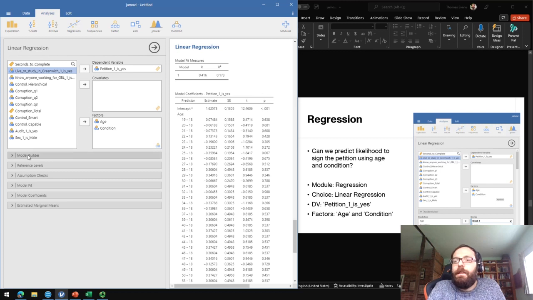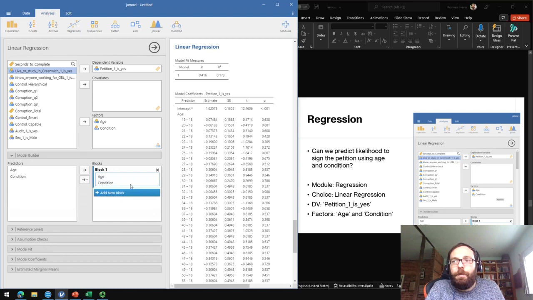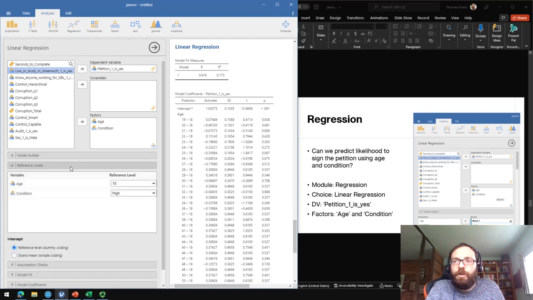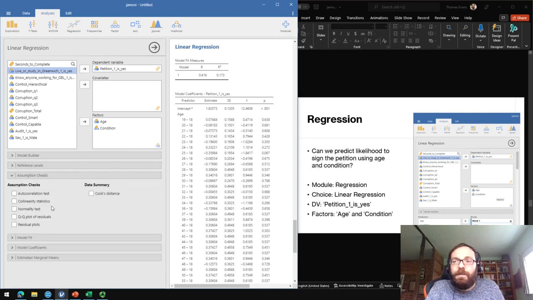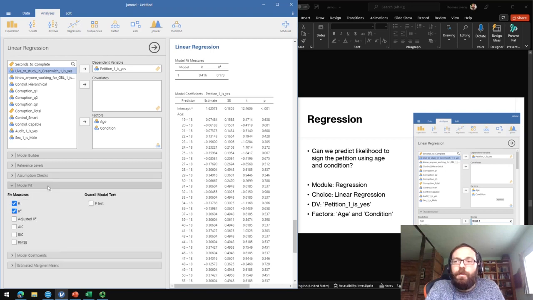And underneath, you can add a variety of different complexities to this. So for example, you can add a variety of stages if you want to do a stage-wise regression. You can change the reference points. You can ask for assumption checks, which are obviously super useful. In this case, I'm going to avoid that.